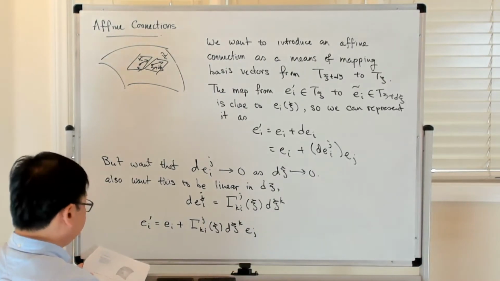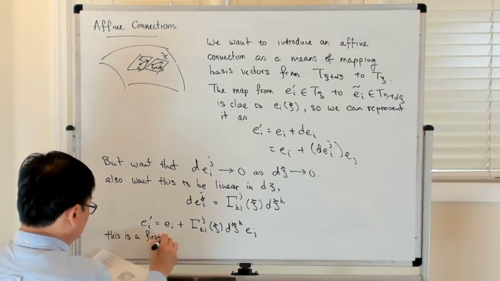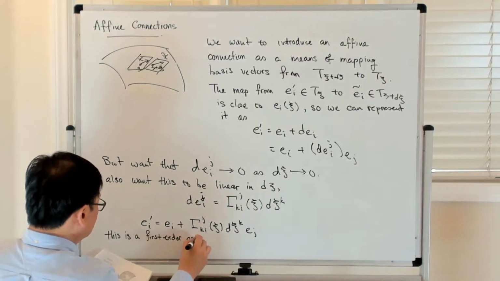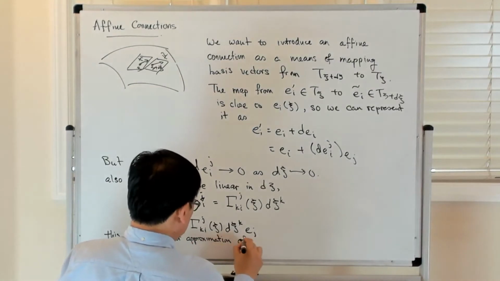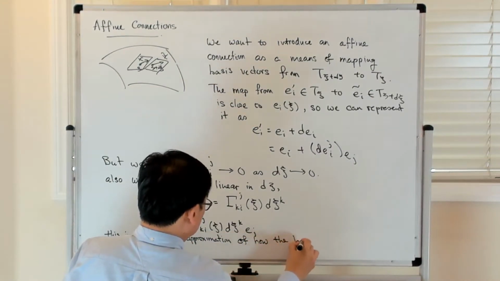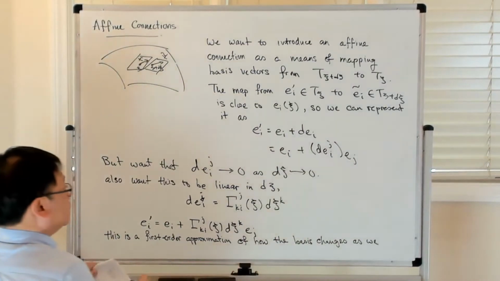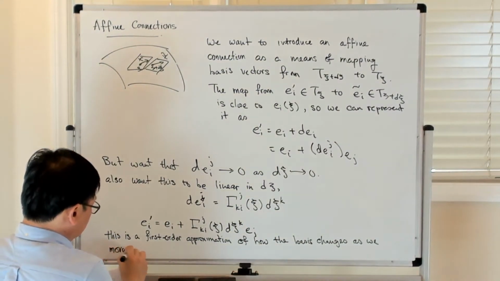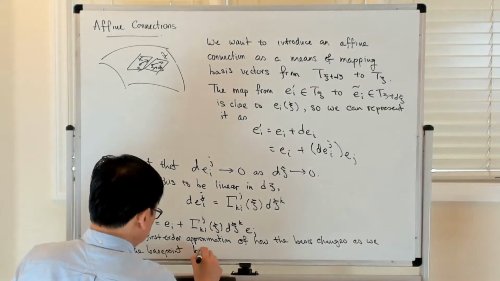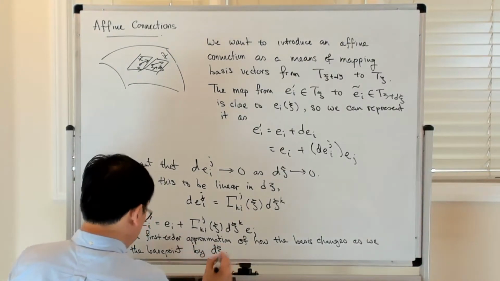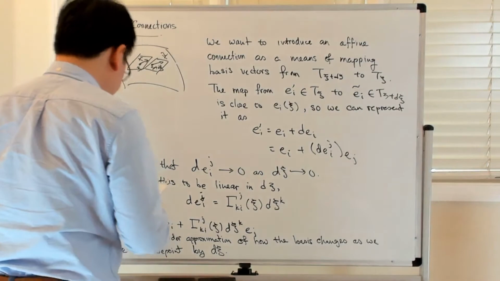So this is the first order approximation of how the basis changes as we move the base point by dc.